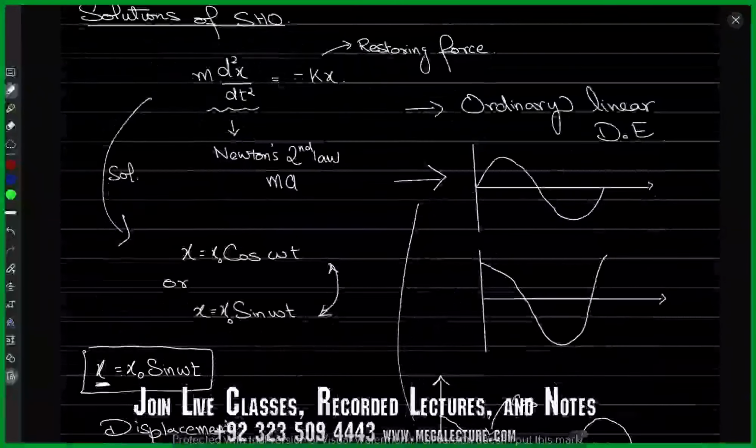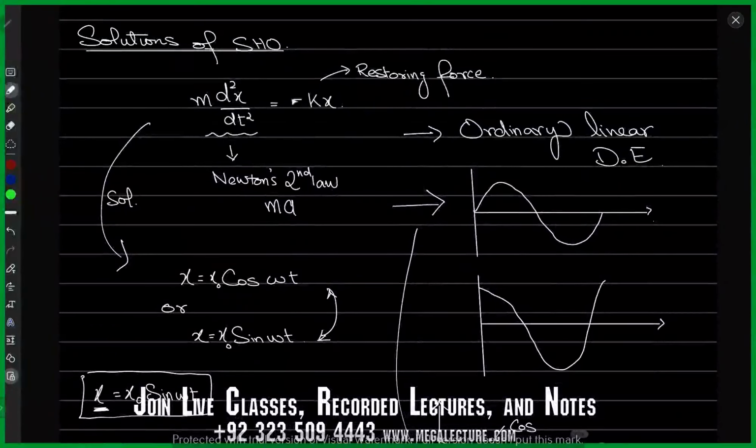So let me come back over here. We started with this thing. This was the differential equation of a simple harmonic motion, where this first term is just Newton's second law, ma. This thing is x double dot, acceleration. And Newton's second law says this is equal to the restoring force. Whenever you have an oscillation, there would be some restoring force.